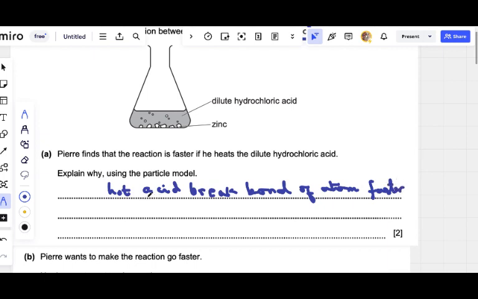Hot acid breaks the bond of the zinc atom faster. This is evident from the effect of temperature.